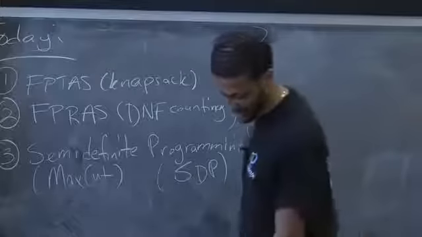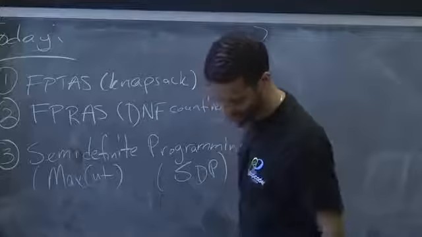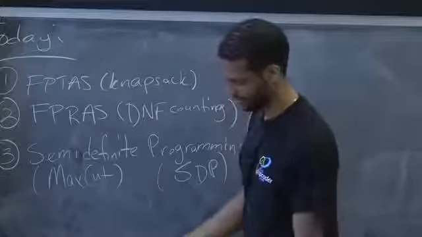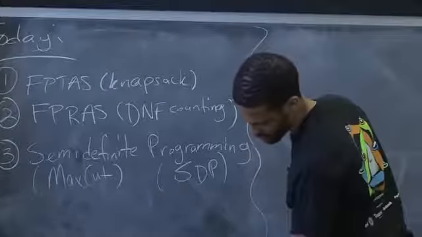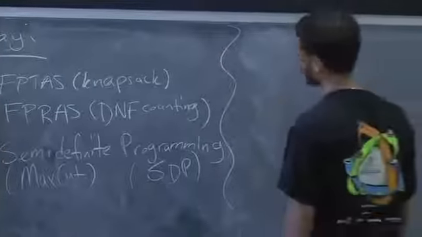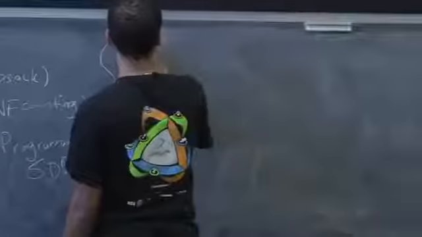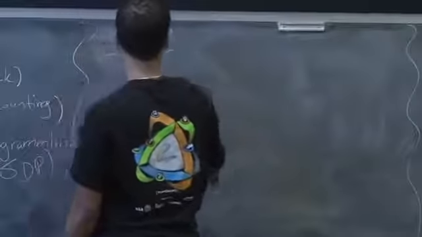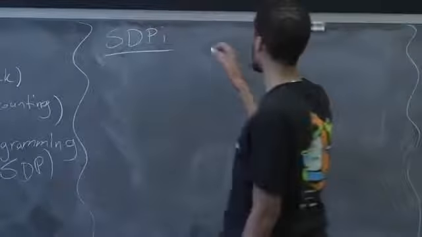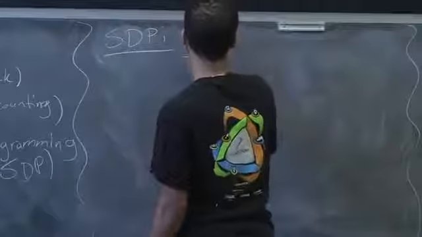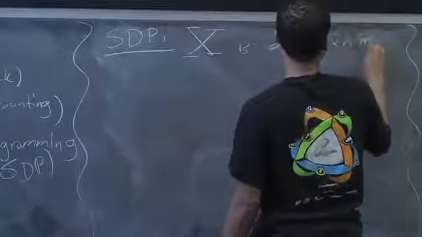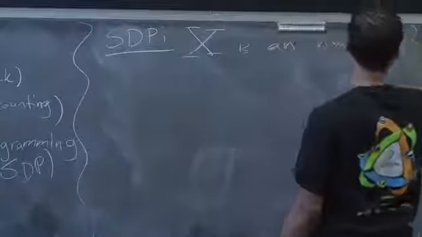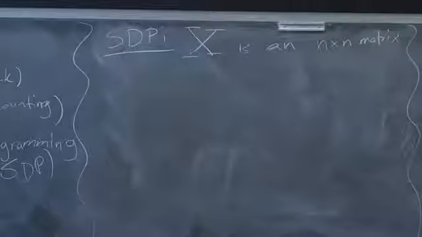So what is a semi-definite program? In an SDP, capital X is an n by n matrix. In linear programming, we're trying to solve for some vector x.